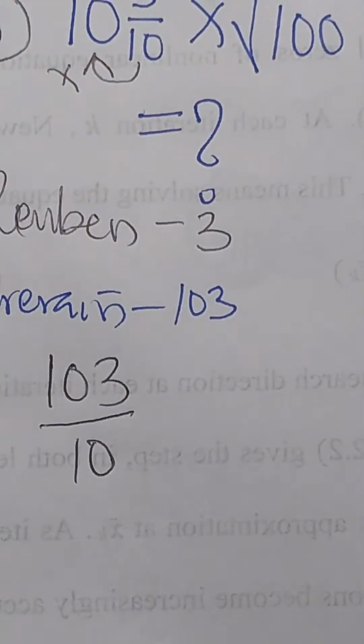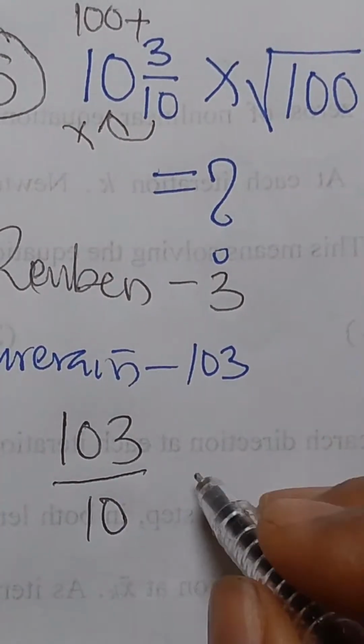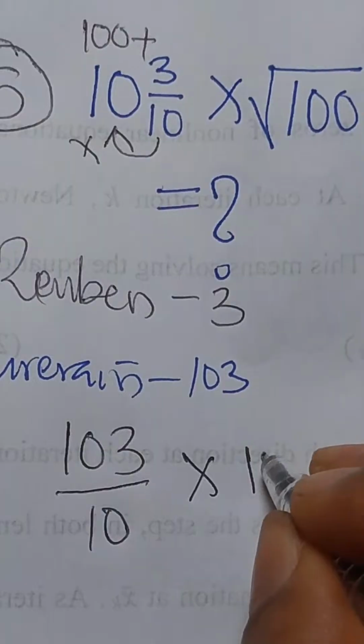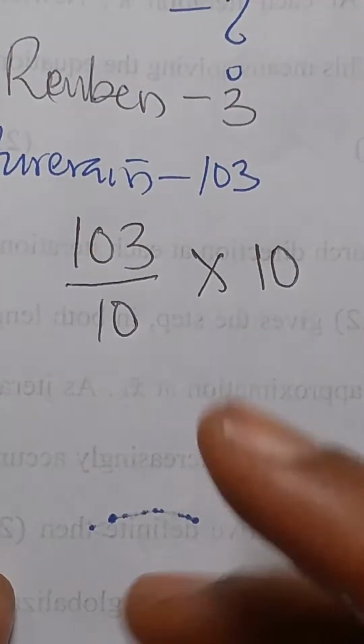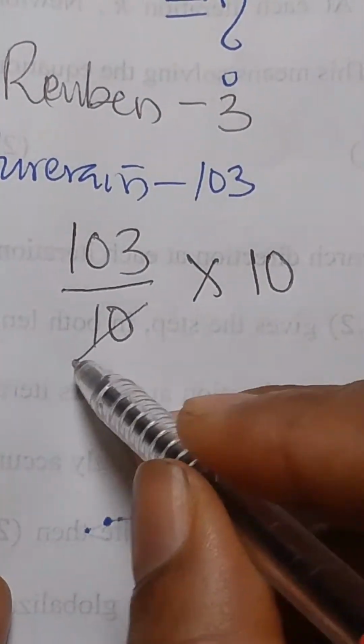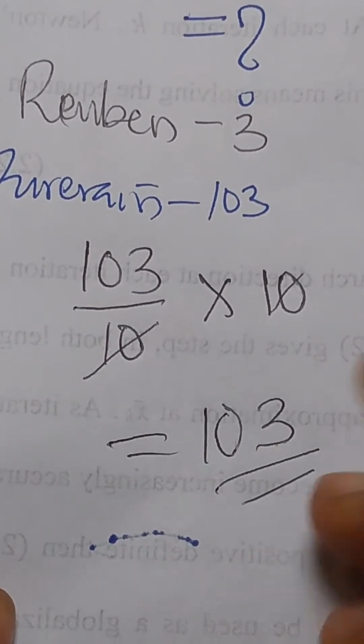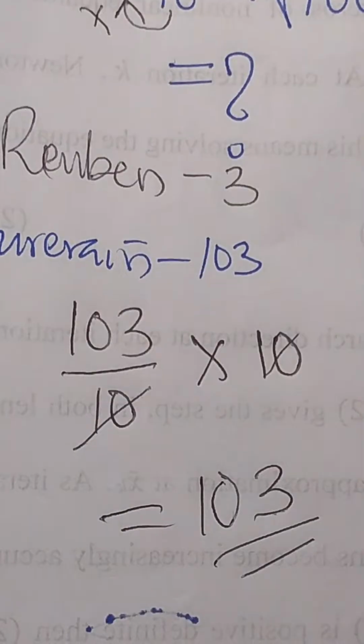So that is the first step. Then we multiply by square root of 100, which is 10. So 10 will cancel 10 and we are left with 103. So the answer is 103.